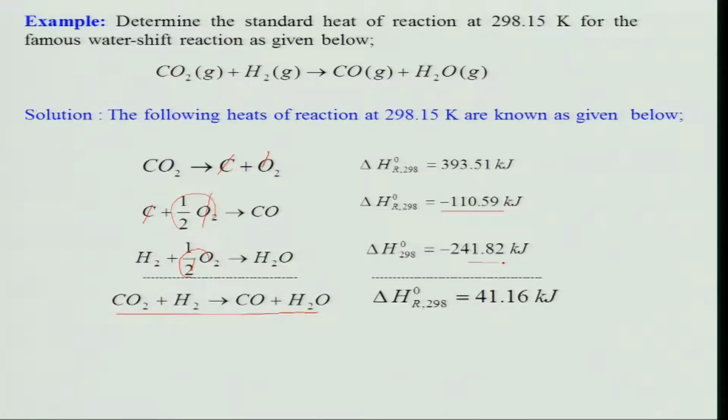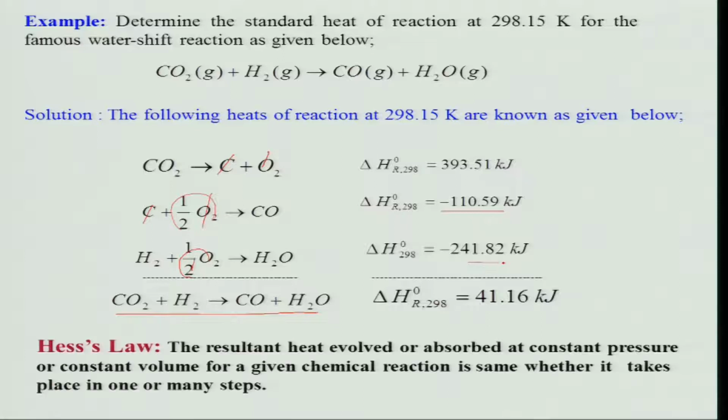That is basically known as Hess law, which states that the resultant heat evolved or absorbed at constant pressure or constant volume for a given chemical reaction is the same whether it takes place in one or many steps. By the way, this Hess law stems from which law? It is not really an actual law, but people call it that.